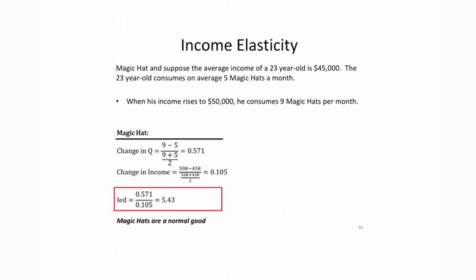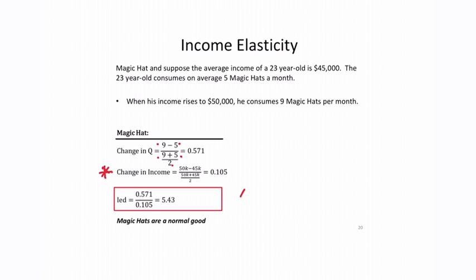So the change in quantity is going to be 9 minus 5 divided by 9 plus 5 divided by 2, which gives us a change in quantity demanded of 0.571. Our change in income will then be 50,000 minus 45,000 divided by 50,000 plus 45,000 divided by 2, or a change in income of 0.105.